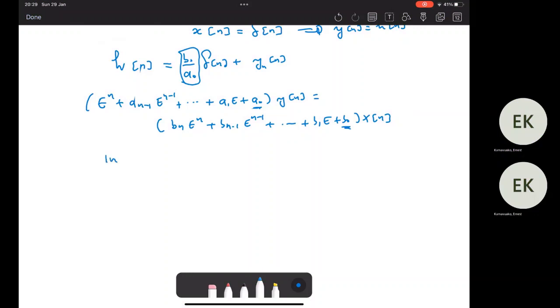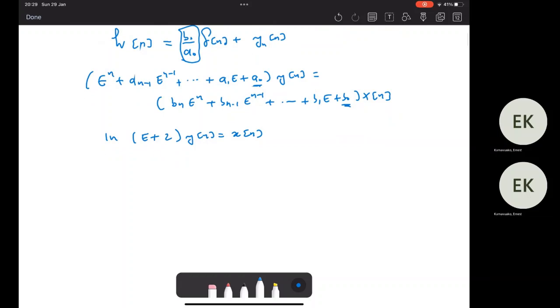If we look now at E plus 2, where y[n] equals x[n], we see that B0 is equal to 1, which is the coefficient of x[n], and then A0 is equal to 2, which is the coefficient of y[n].